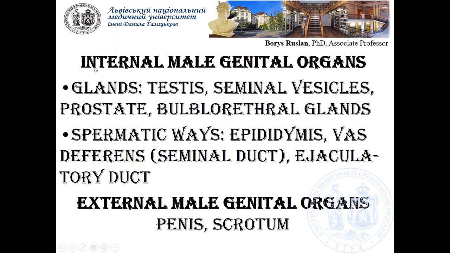Okay, what about the male genital organs? We have internal and external genital organs. What about internal? It's testes, seminal vesicles, prostate, bulbourethral glands. What about the spermatic route? It's epididymis, vas deferens, seminal duct, and ejaculatory duct. And external male genital organs are penis and scrotum.